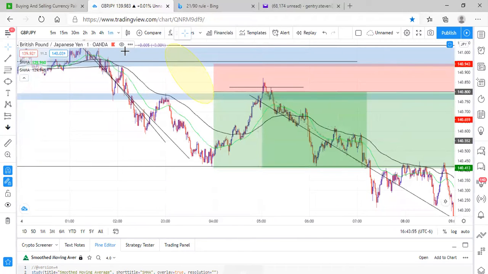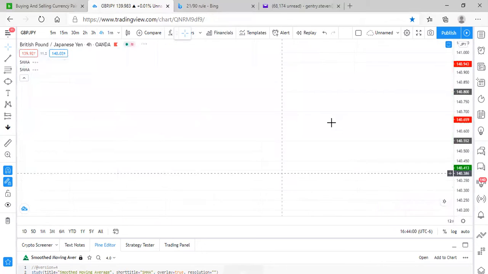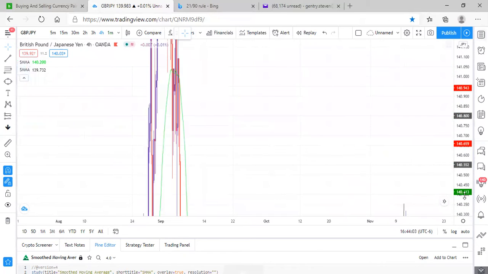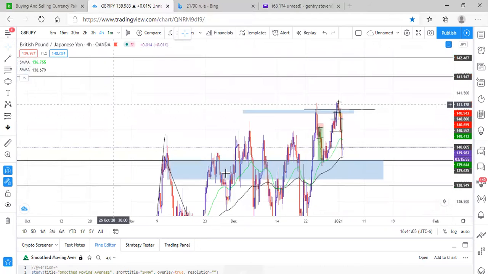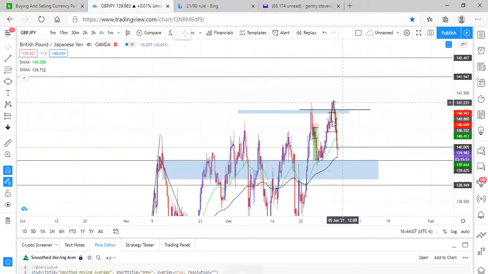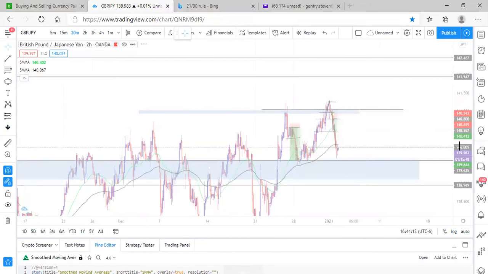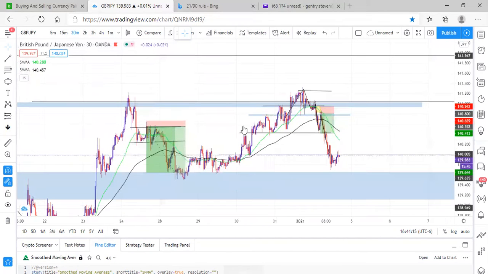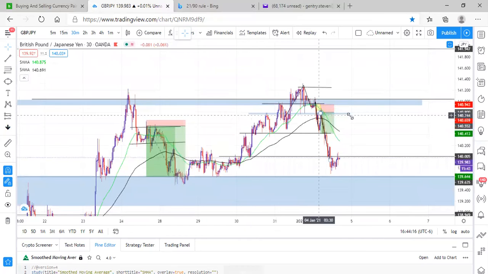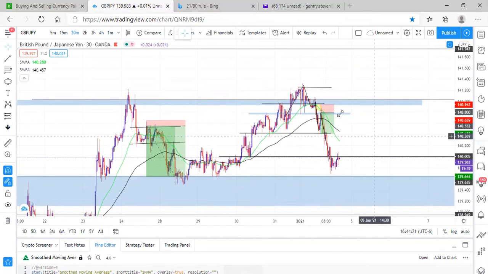All these blue zones and horizontal lines were off higher time frames. This blue line right here was probably off the 30-minute, which is still considered efficient, if you ask me.